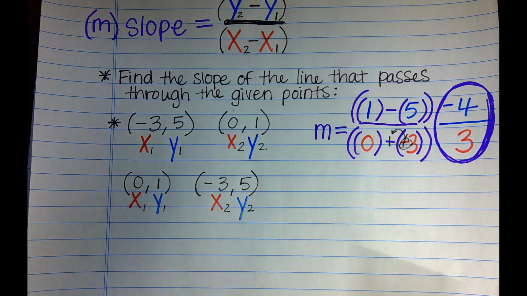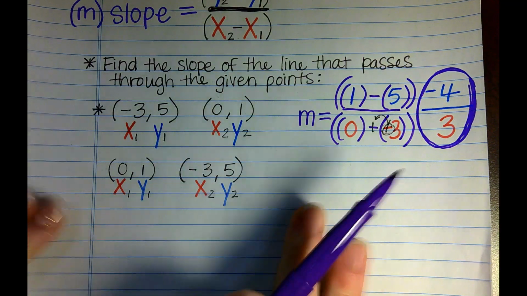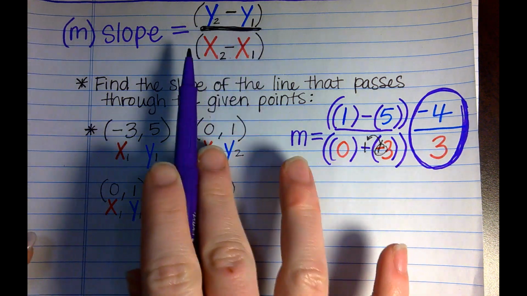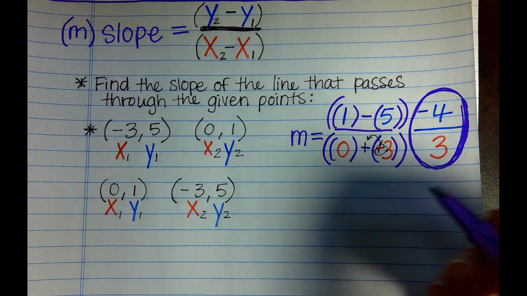So here's the other way. Let's say I flip-flopped them. And now I'm going to write my formula, but instead of my x1, y1, all of that, I'm going to give myself blank spaces to put numbers in.